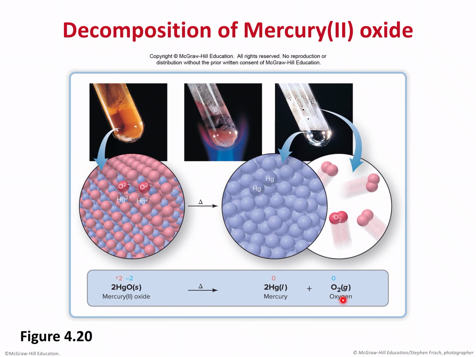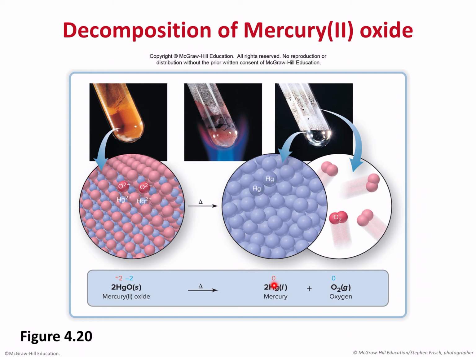So oxygen gas is going to be 0 oxidation number, for a gas or a diatomic molecule, and then the mercury by itself, Hg, without combining with anything, elemental form, oxidation number 0.